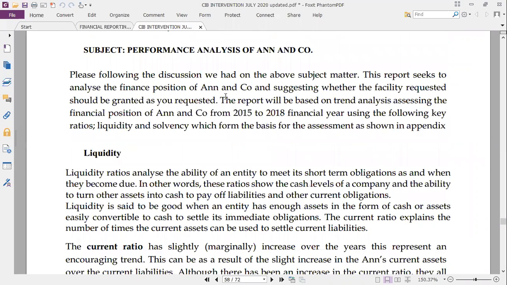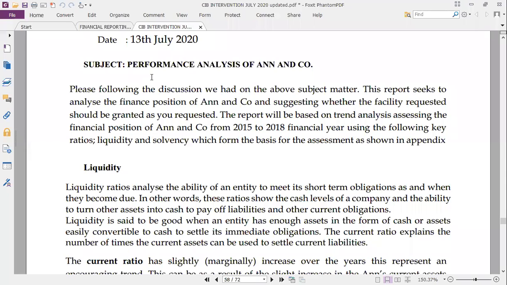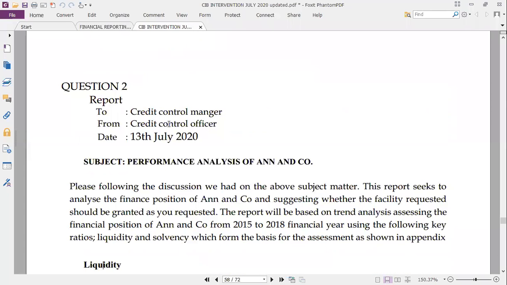So first, introduction. You know the rule for reports. To credit control manager from credit control officer, date 13th July 2020. That's when the exams were sitting, 13 July 2020. That's the last sitting, right? Subject: performance analysis of ANCO.